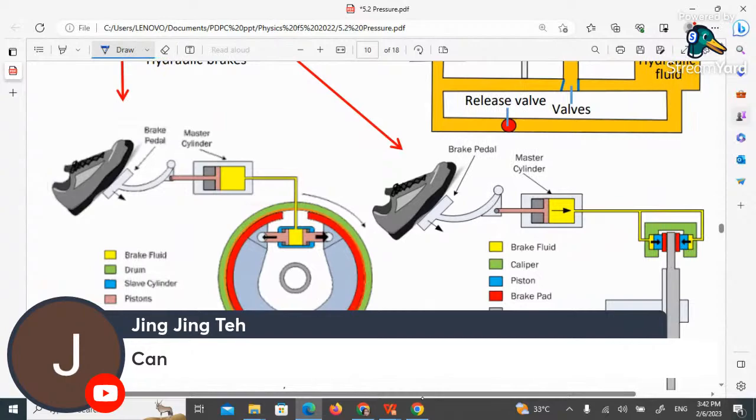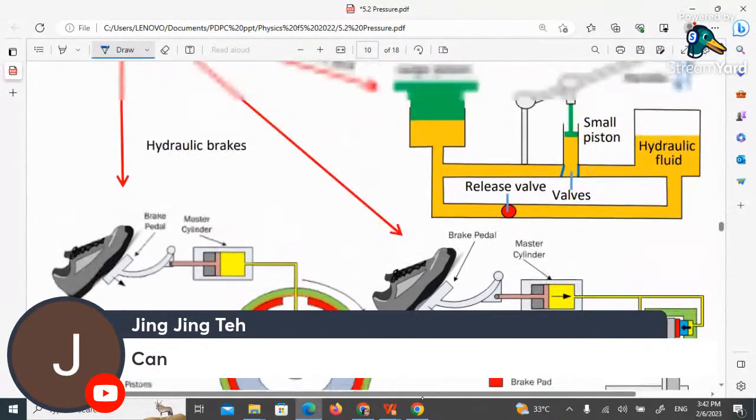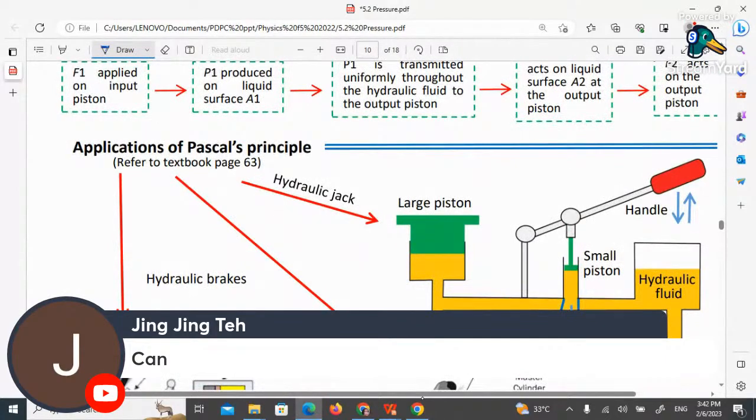Application, kalau ikut dalam notes you all, very simple. You can refer to textbook page 63. Kita ada hydraulic jack, hydraulic brake.